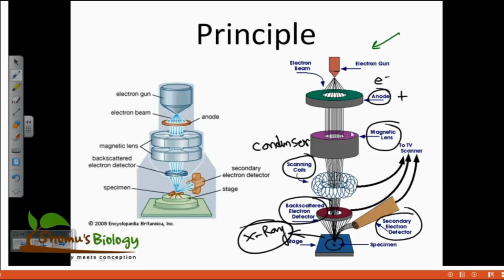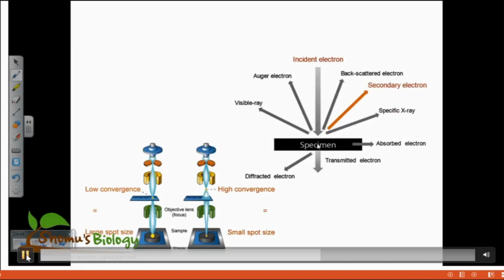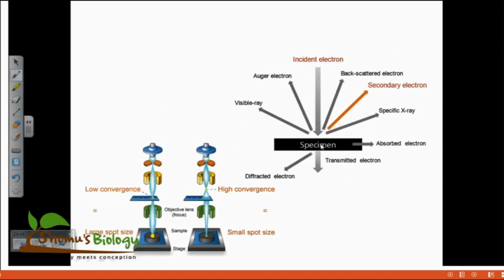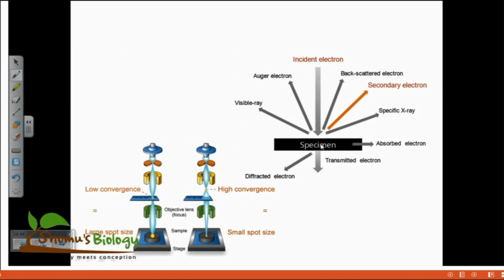Now if we look at the scattering, this is a specimen and the incident beam. Here it is going to explain how the different types of beams are produced after the electron beam hits the specimen. I have already told you that three different types of beams are produced after the specimen is hit by the electron beam.